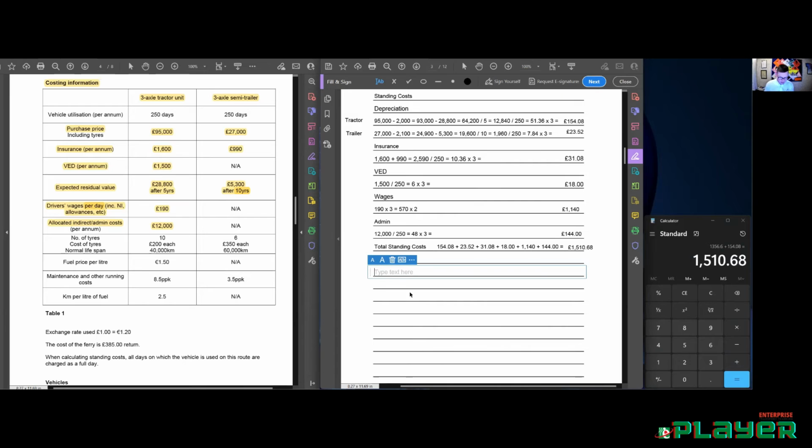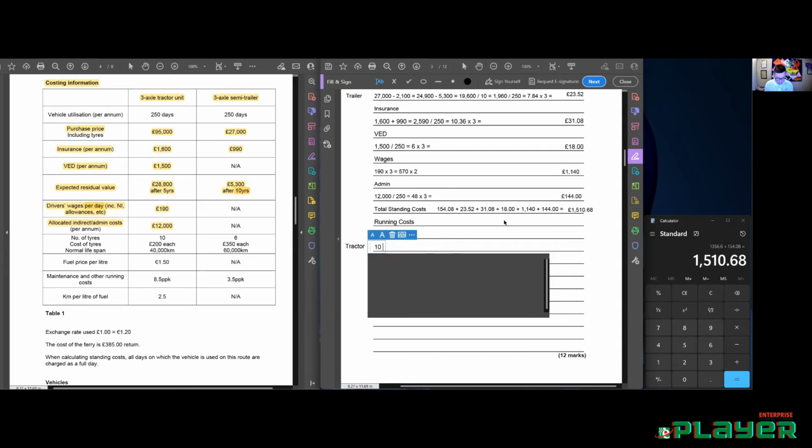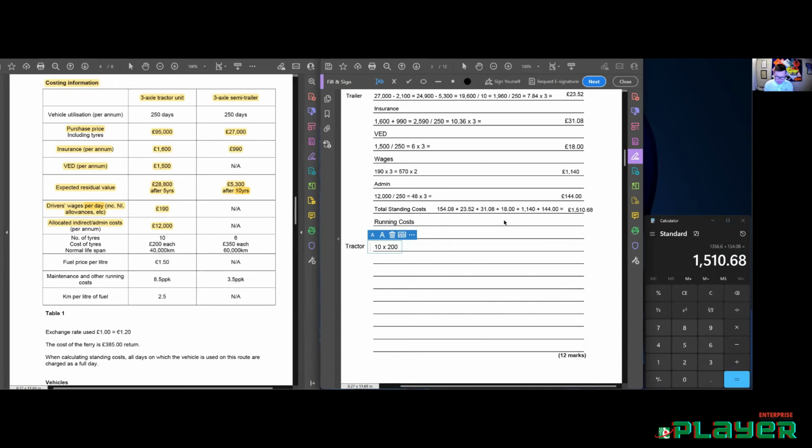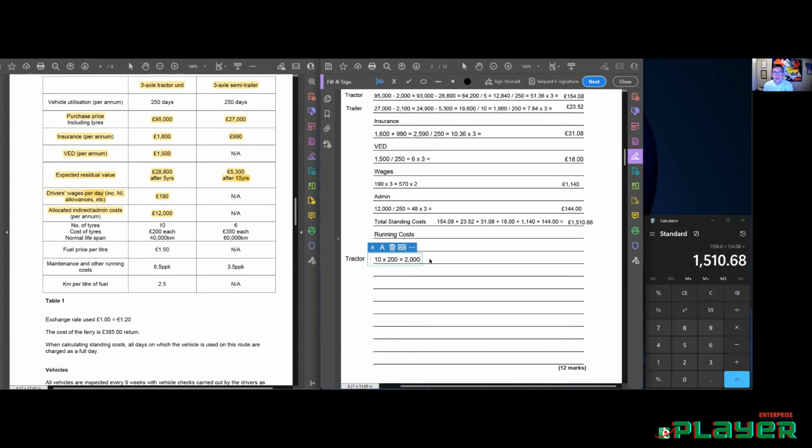So I'm going to say tyres, and I'm going to do tractor tyres first. The way I work out my tyres is I work out my total cost of my tyres, which is 10 times 200, because there's 10 tyres and they all cost £200. That's £2,000 for my total tyre equipment. Now, what I need to do with that is I need to find out a pence per kilometre.